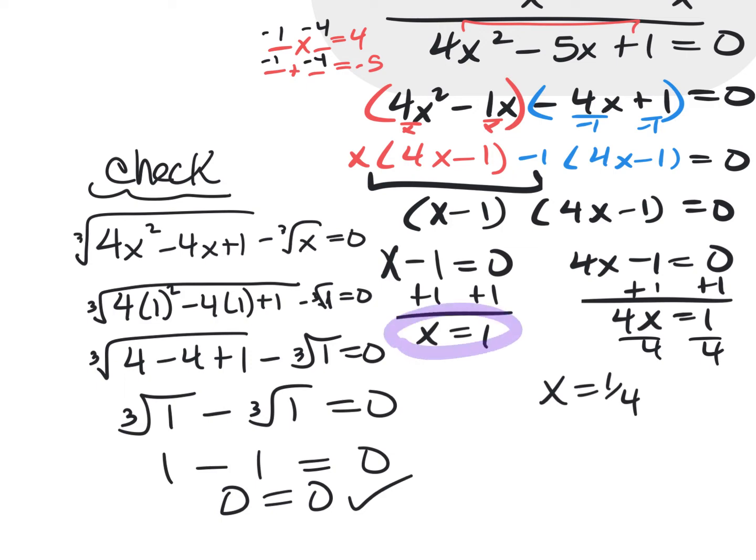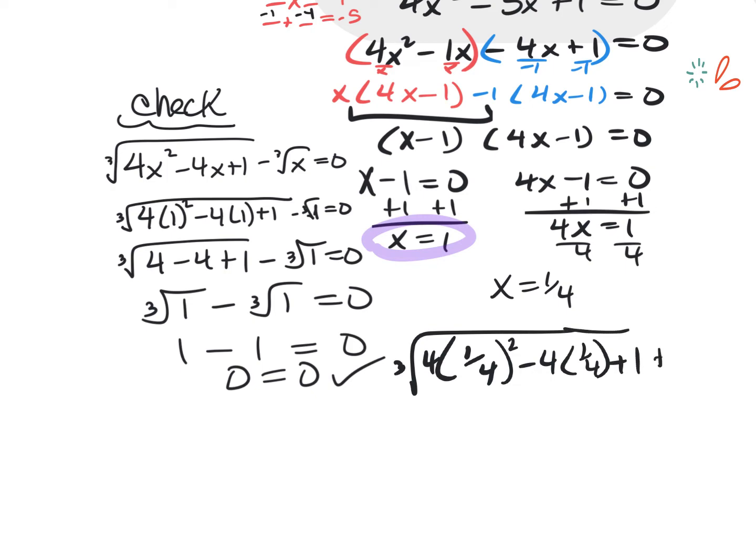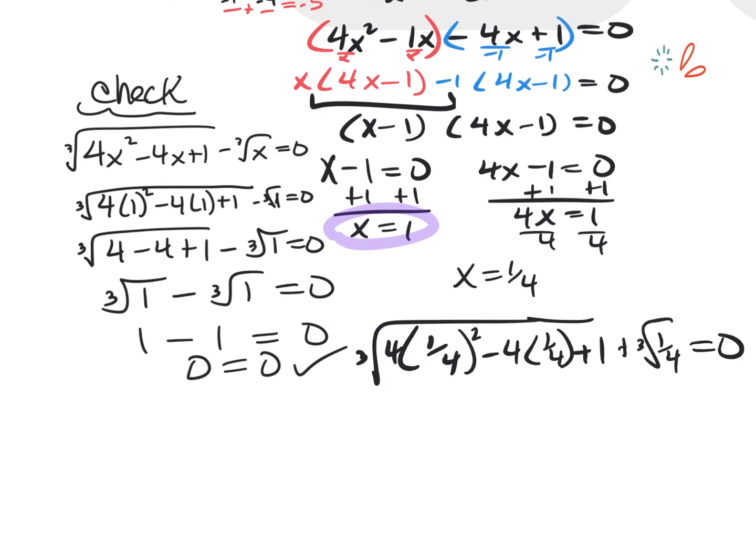So now I got to plug in 1/4. So let me do that one. So the check here: the cube root of 4 times 1/4 squared, minus 4 times 1/4, plus 1, minus the cube root of 1/4 equals 0.